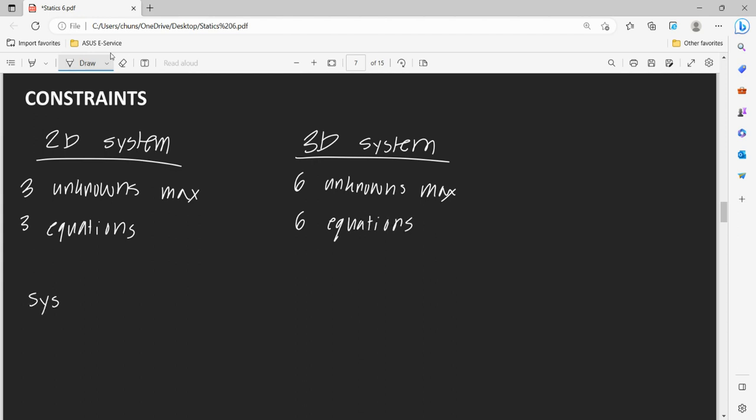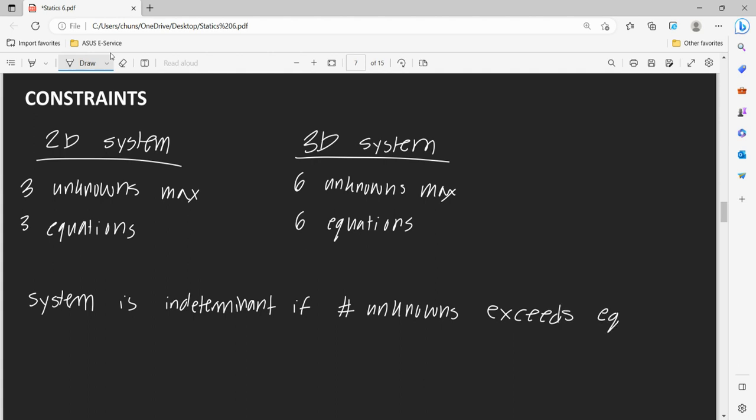So a system is indeterminate if the number of unknowns exceeds equations. Okay, so that's just an important rule to note.